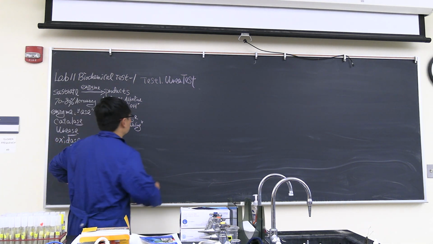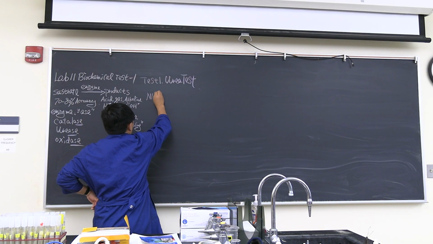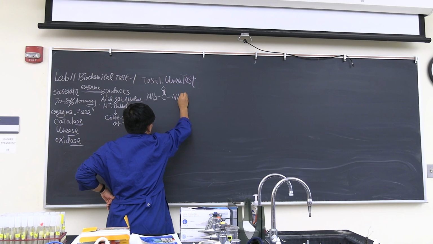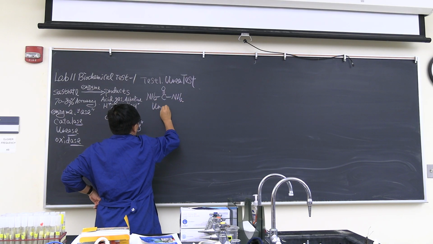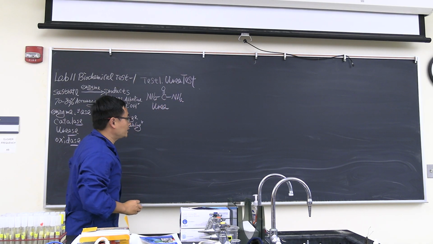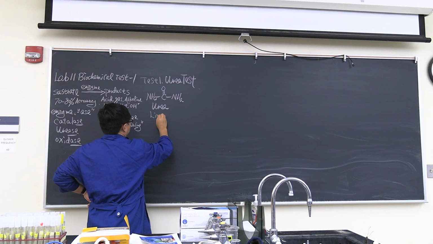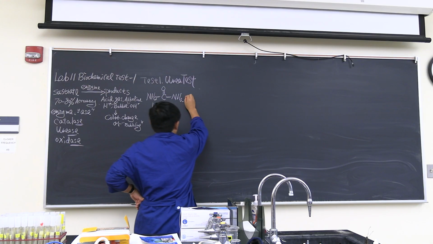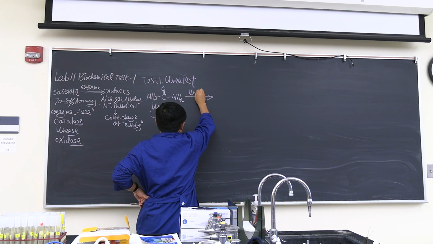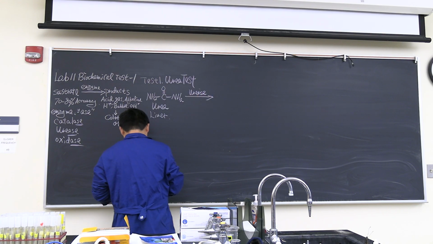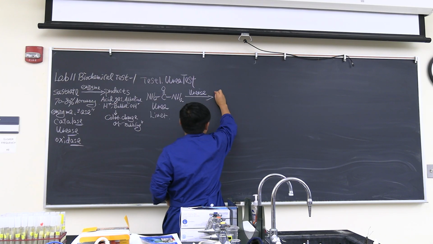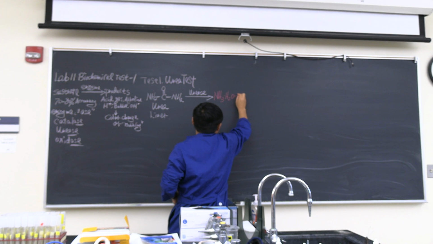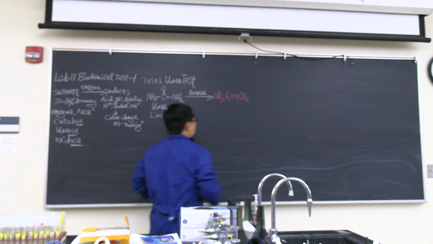So urea test. First of all, this is urea. So we need to talk a little bit of structure. This is urea. Urea widely existing in the liver. If the bacteria has urease, which is enzyme, the urea will break down, become ammonium and carbon dioxide.